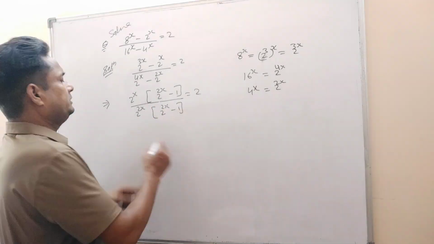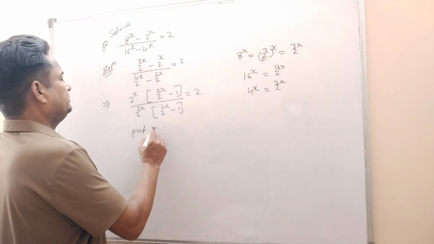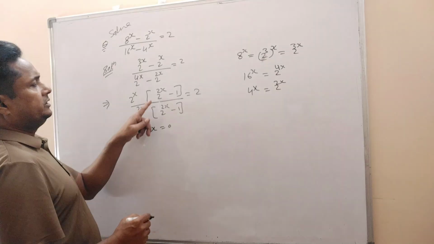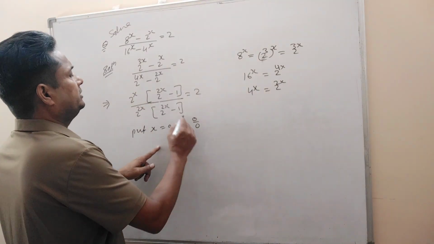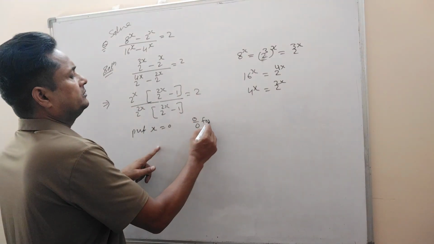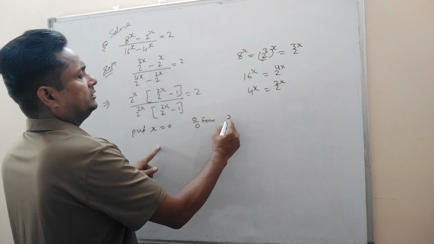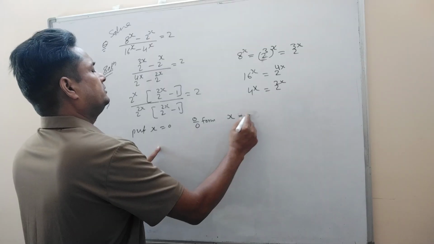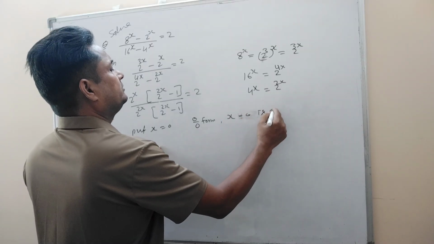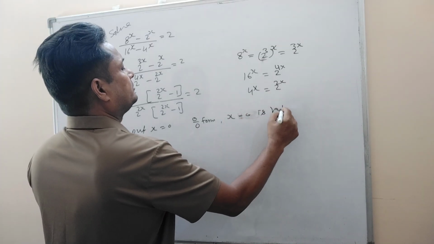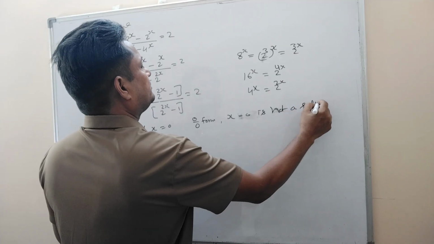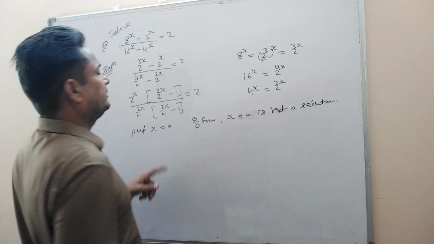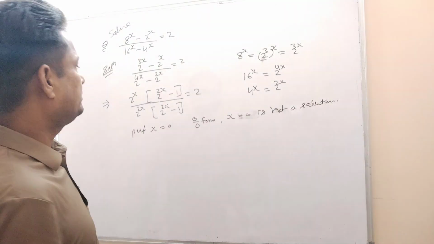If you put x equal to 0, this will be of 0 by 0 form. That means x equal to 0 is not a solution.